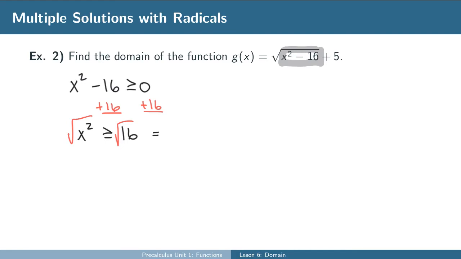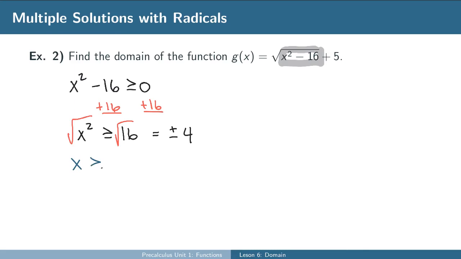I have the positive and negative value for 4. There are two solutions because this is an x squared. So a positive 4 squared will give me 16, as well as a negative 4 squared gives me a 16. So I do have two solutions that I'm going to need to deal with as inequalities.